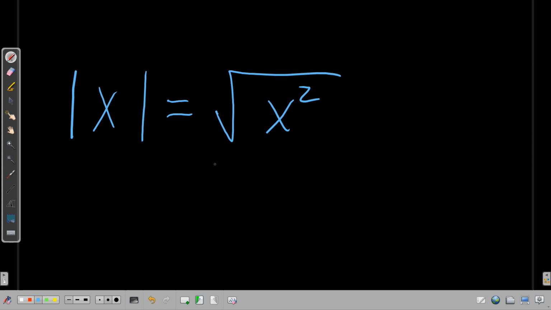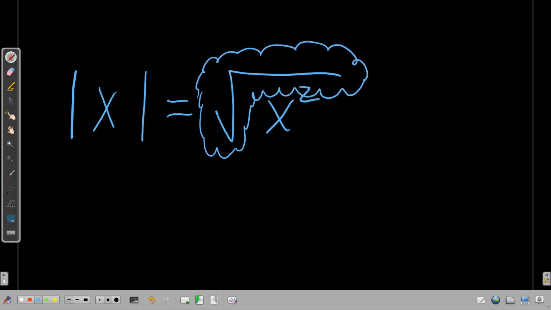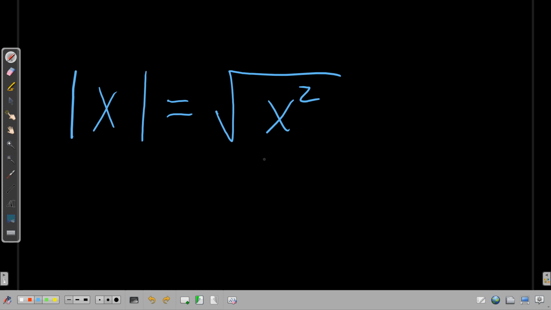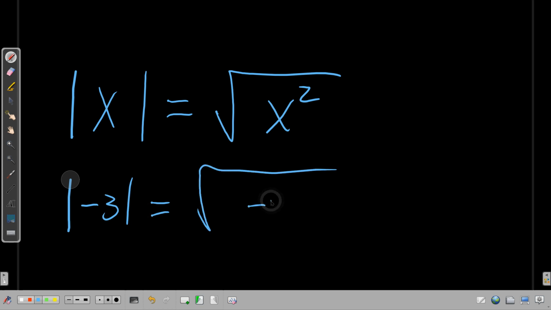This must be the case because the square root of a number is non-negative, and no matter what you put in here for x, even if it was a negative, squaring it would make it positive. So for example, the absolute value of minus 3 could be thought of as the square root of minus 3 squared.